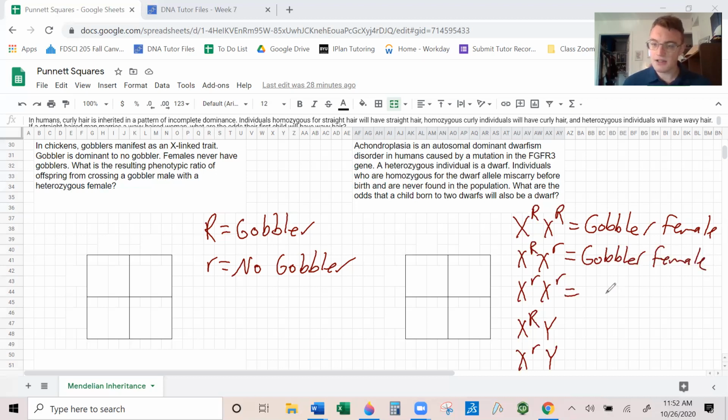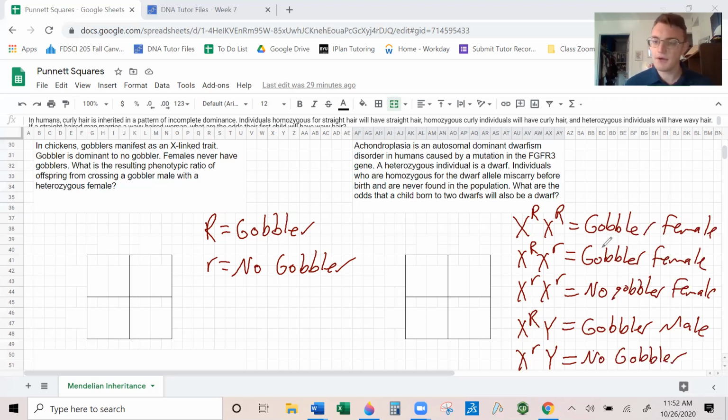And X little r, X little r would be a no gobbler female. And then for the males, X big R, Y would be a gobbler male, and X little r, Y would be a no gobbler male. Okay, that's how it would behave under week 6 conditions.